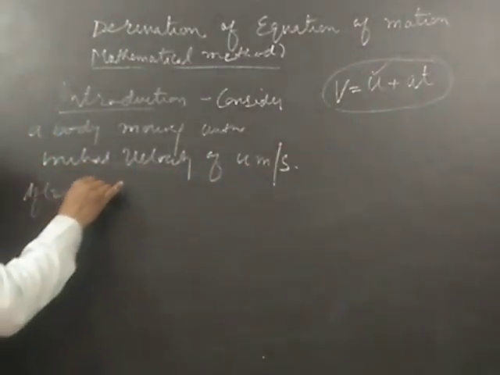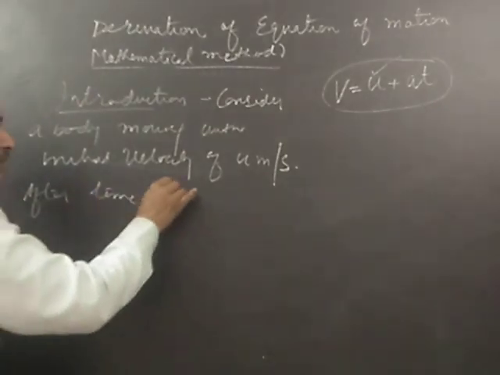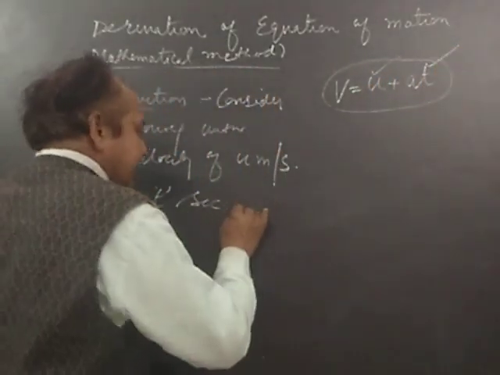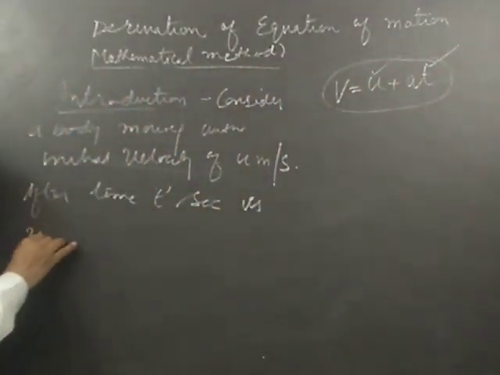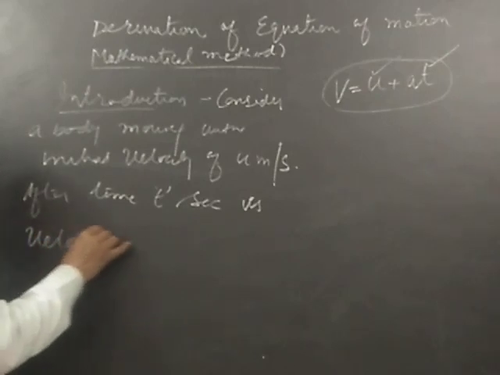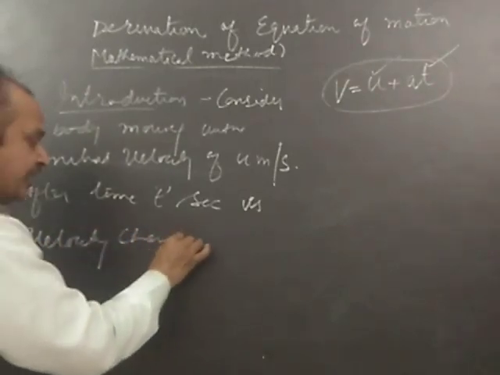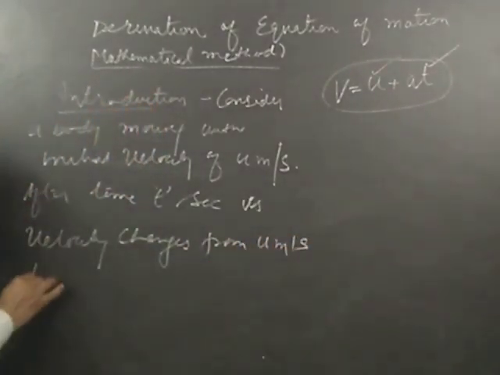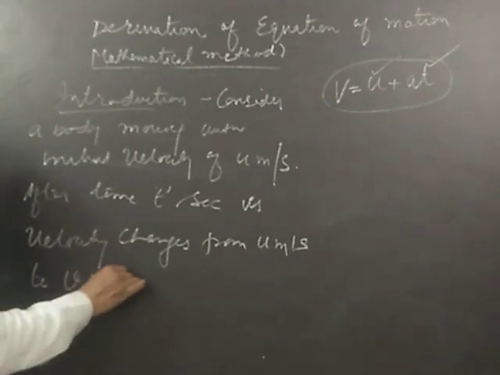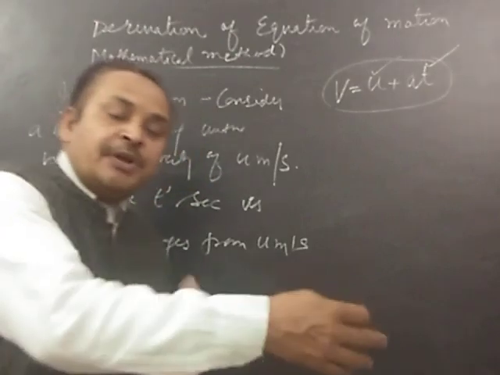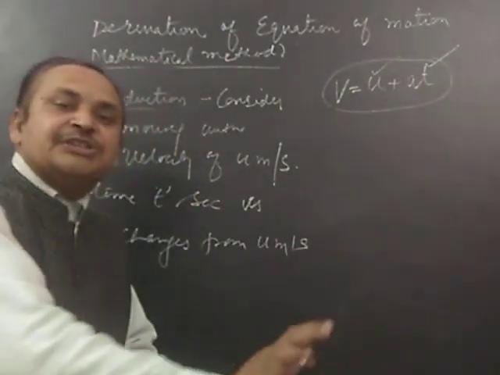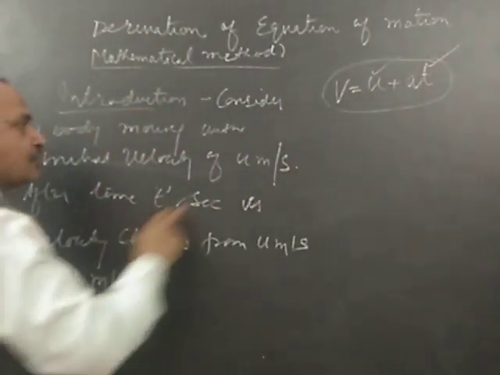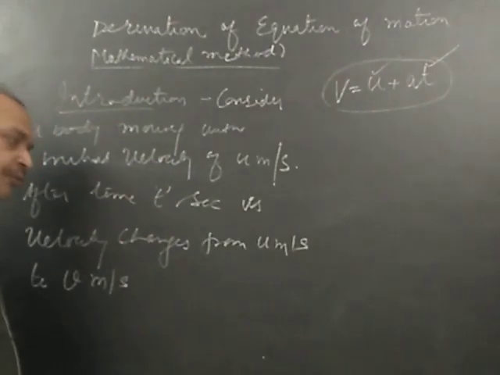After time t seconds, its velocity, that means the velocity of the body, changes from u meters per second to v meters per second. It is moving and in motion its velocity is being changed; the initial velocity was u and the final velocity after time t is v.